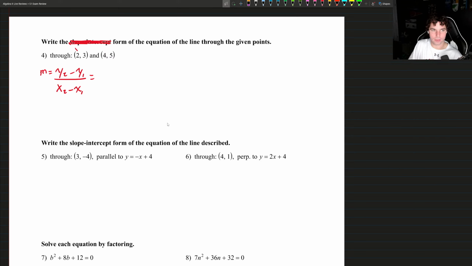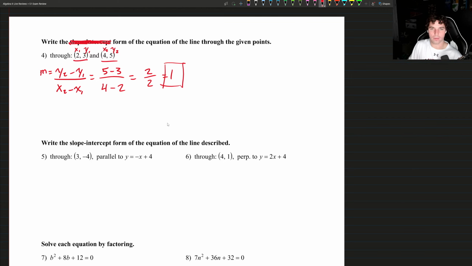So we just label these x1, y1, and x2, y2, and that'll come in handy later too. y2 is 5, y1 is 3, x2 is 4, x1 is 2. So we get 2 over 2, which is just 1. So that's our m.